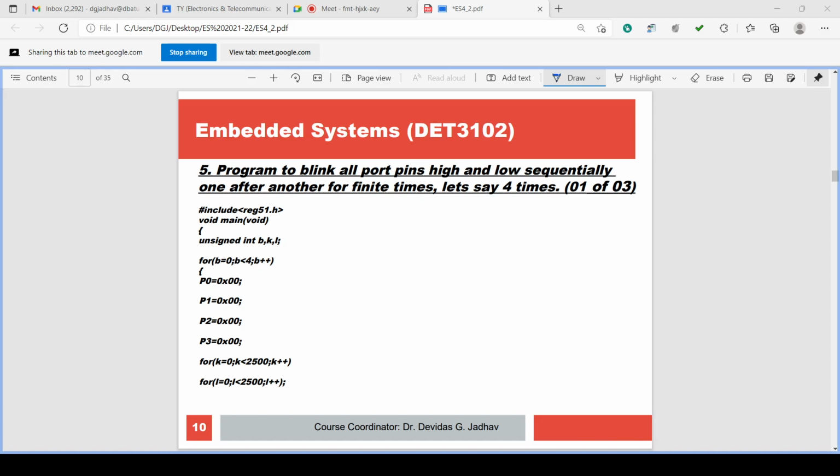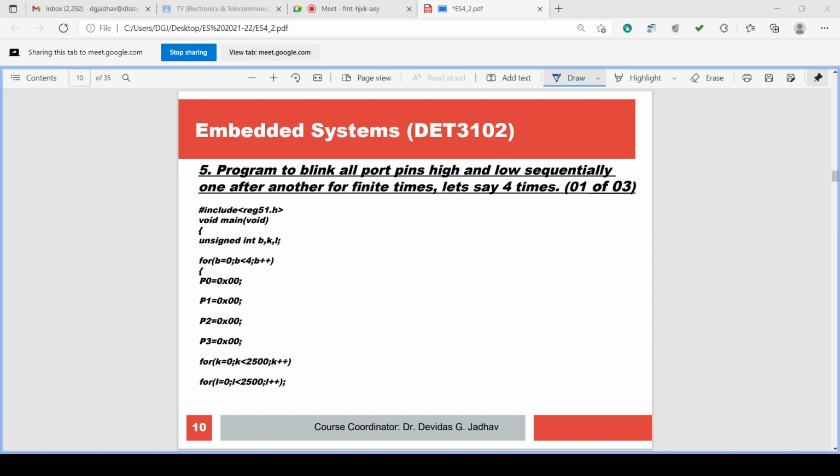How will it work? First all the ports are 0, delay will be there. Then port 0 is made high, delay.